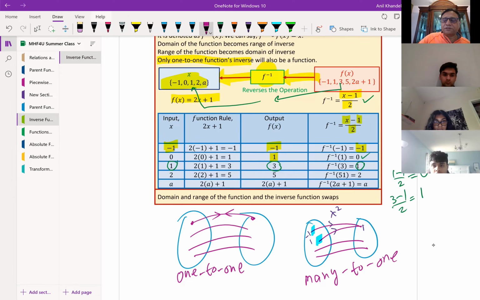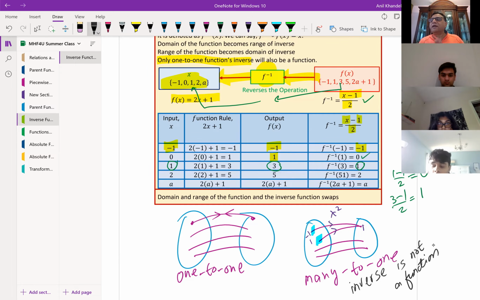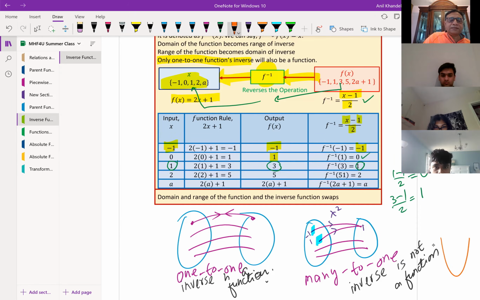So inverse is not a function. It will have an inverse, but the inverse is not a function. So if it is many to one, inverse is not a function. But if it is one to one, inverse is a function. Clear? So for example, a parabola: its inverse is not a function, and this is kind of a square root, whose inverse is a function, right?